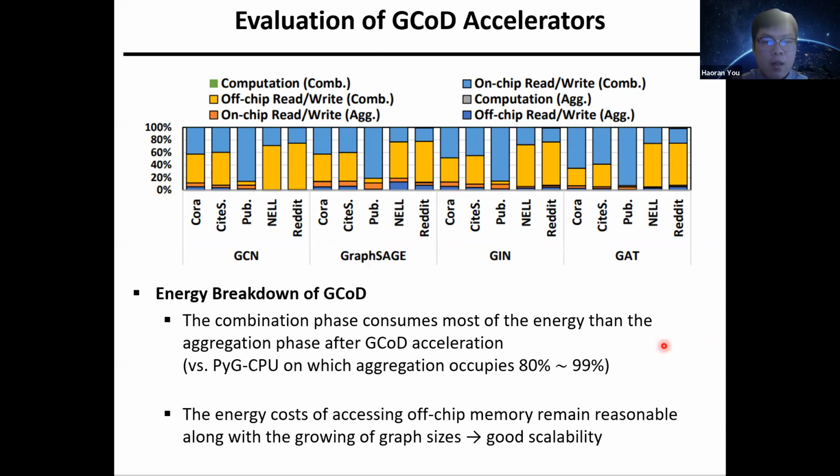We see that after GCoD acceleration, the combination phase consumes more of the energy than the aggregation phase. That means the bottleneck of the aggregation is resolved in our design. Also, the energy cost of accessing off-chip memory remains reasonable when we increase the graph size. That justifies the good scalability of our design to support large graphs.